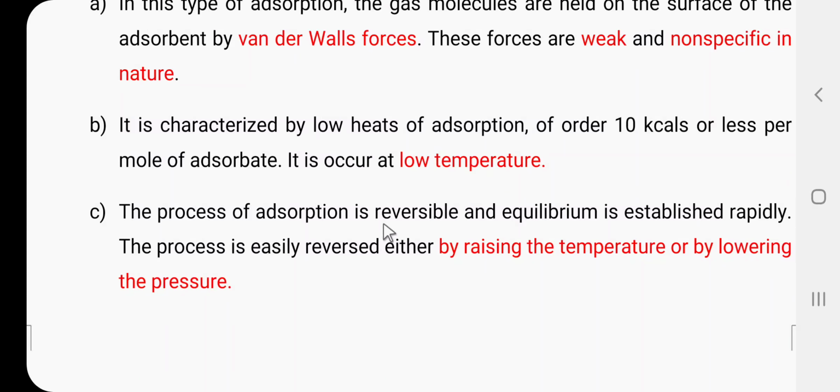The process of adsorption is reversible. That means physical adsorption is reversible and equilibrium is established rapidly. The process is easily reversed either by raising the temperature or by lowering the pressure.